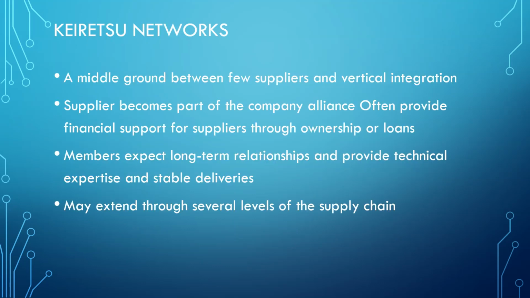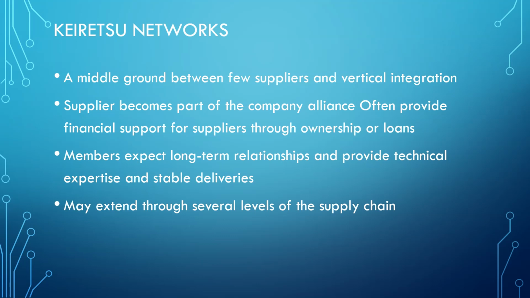The other option is the KEIRETSU network, which is the middle ground between few suppliers and vertical integration. In this network, the supplier becomes part of the company coalition. In this case, the company provides financial support for their supplier through loans or maybe owning a major stock share.